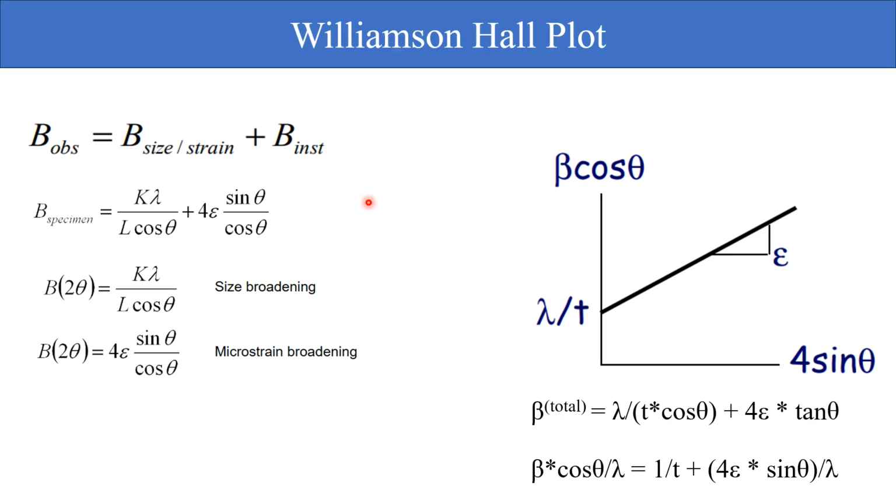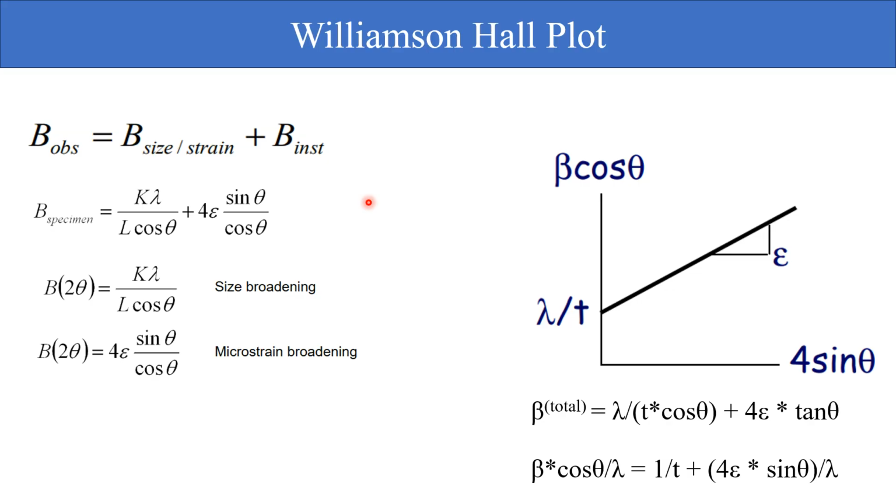About the method that we are going to talk about, it is the Williamson-Hall plot. Why do we choose the Williamson-Hall plot, and what about the other equations, like the Scherrer equation? Why do we prefer this method rather than the Scherrer equation? Because this plot includes both size and instrumental parameters.